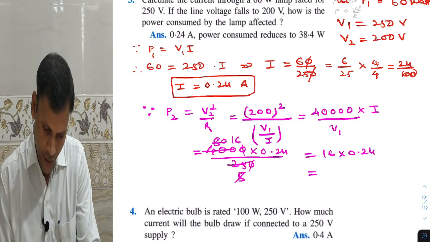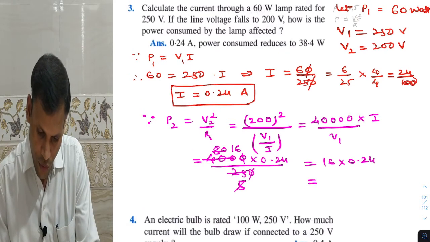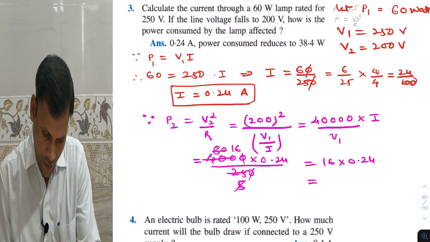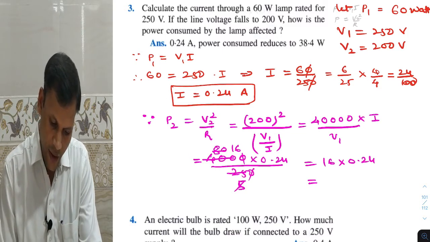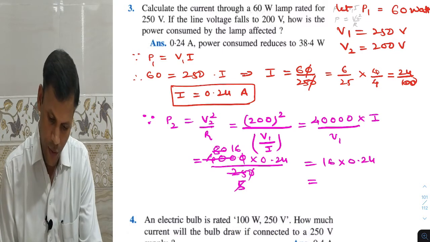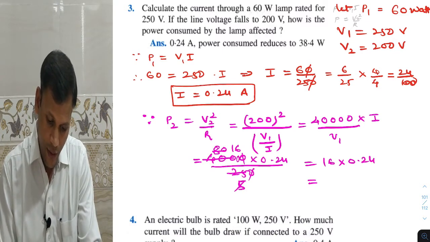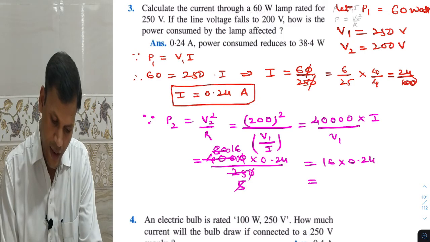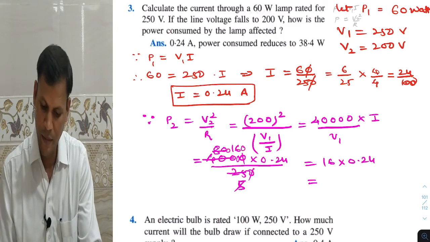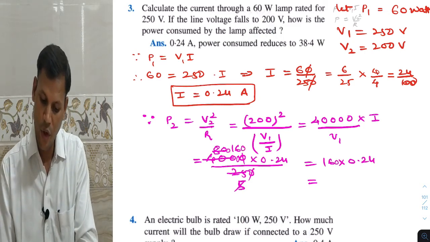200 into 200, 4 and 4 zeros, right? यहाँ पे हमने 3 0 लगाया है, एक गड़बड़ हो गया, 1 more 0. So V will get 800 and here 160. 1 we were missing. 160 into 0.24.